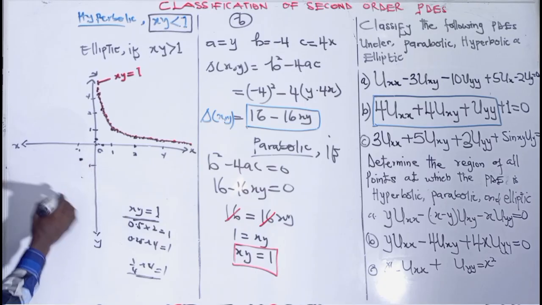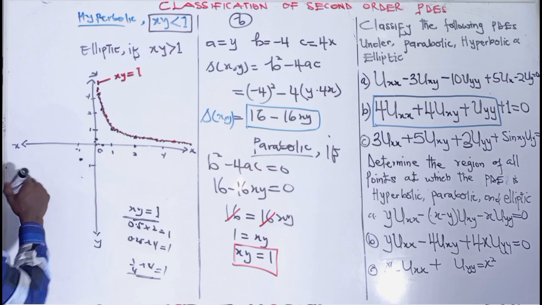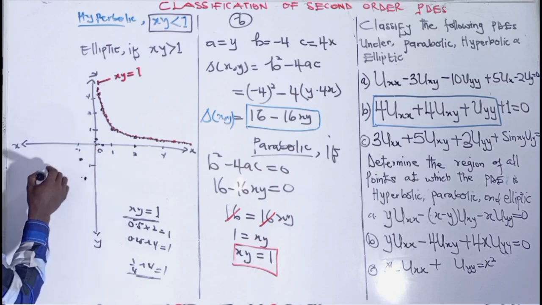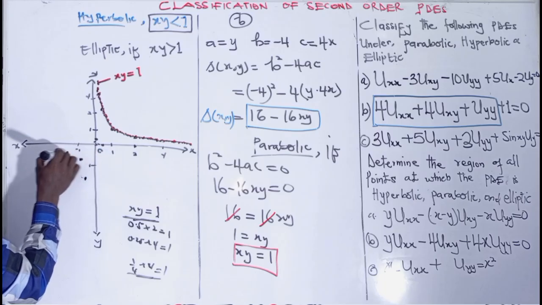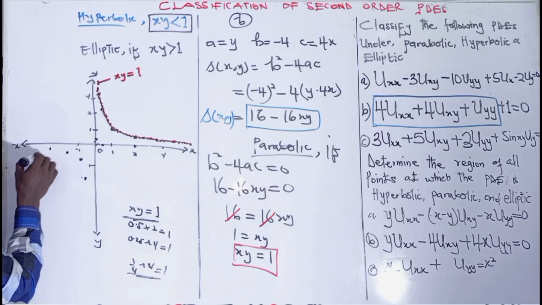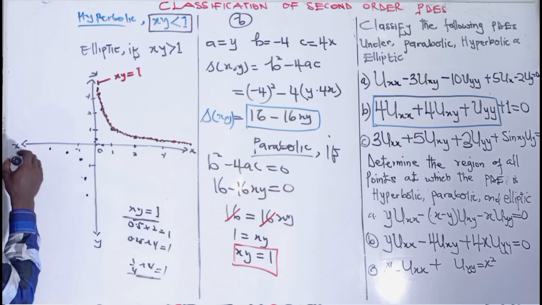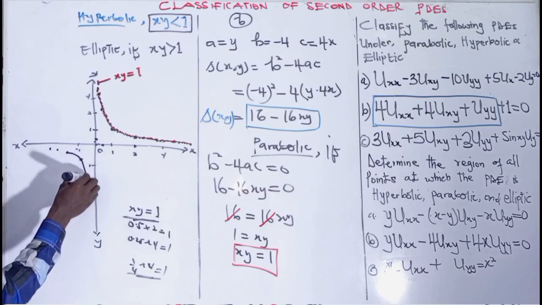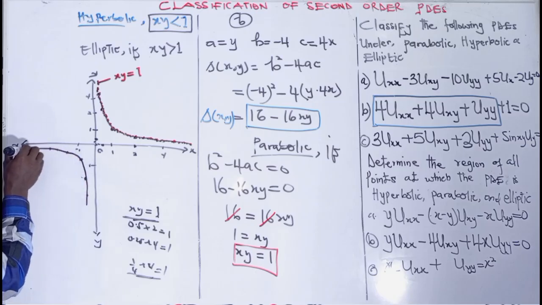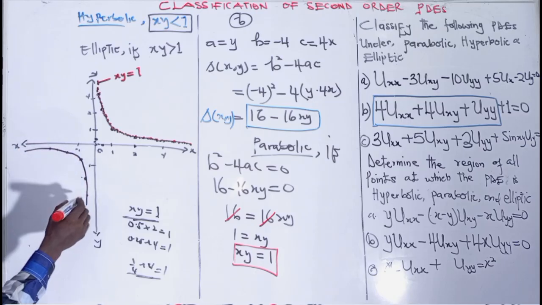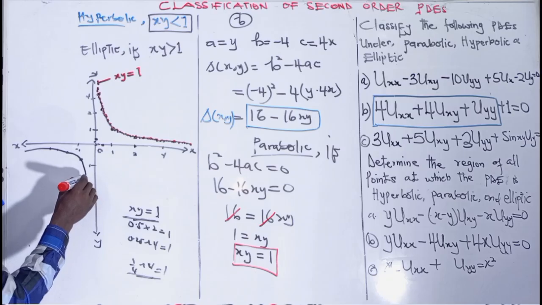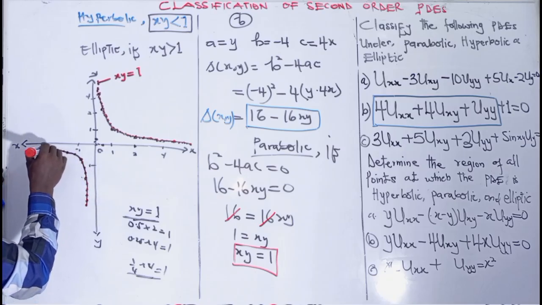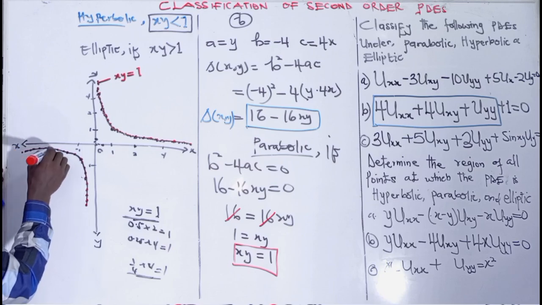So this is 1, and then we have 0.5 and 2, 2 and 0.5, and then 4 and 0.25. All the points on this particular line will satisfy the parabolic equation, because we want to determine all the points in the region which make the PDE parabolic.